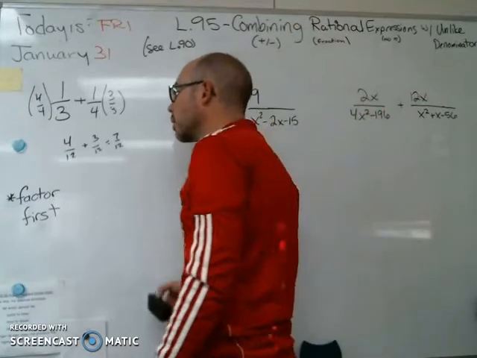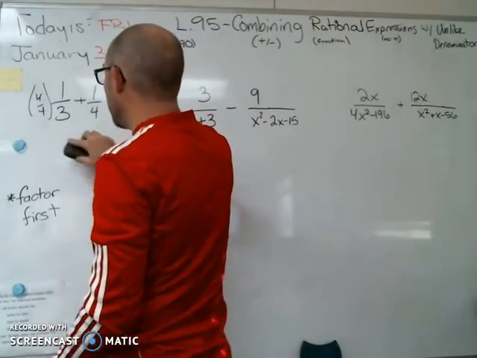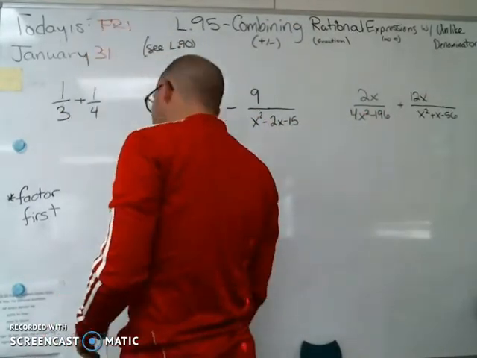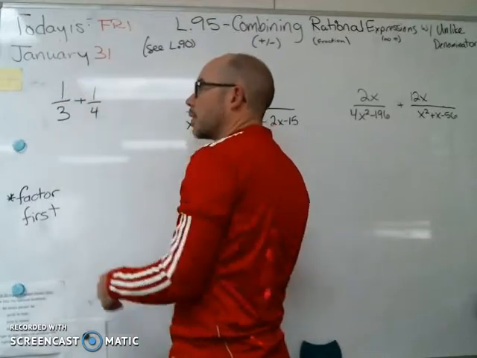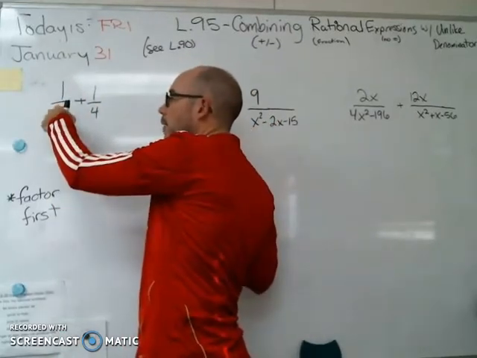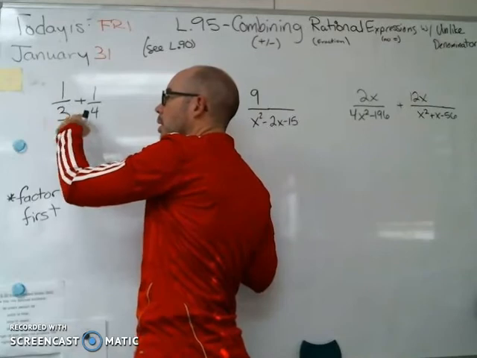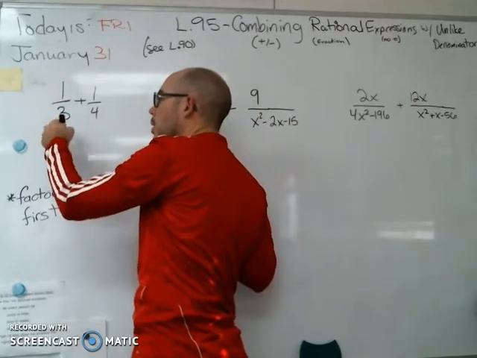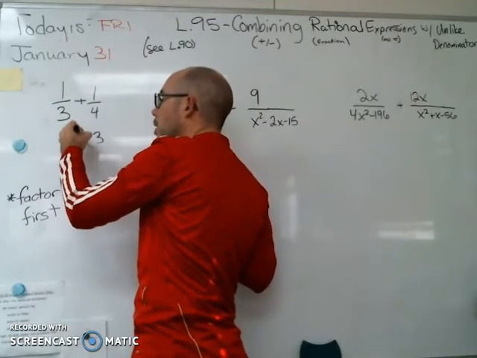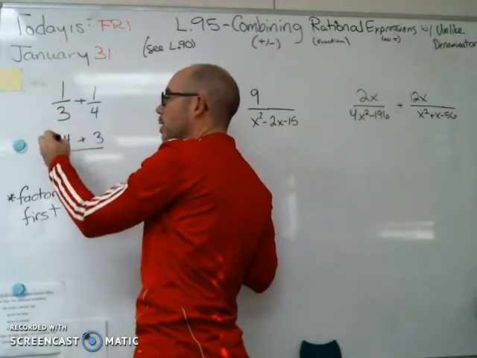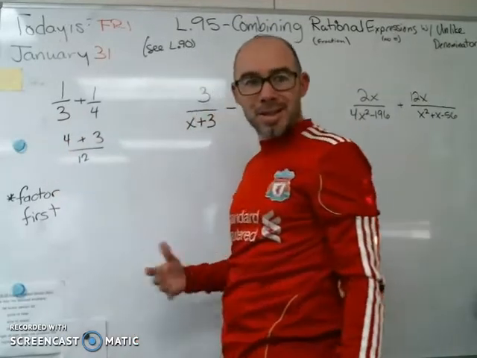It's pretty standard as far as that goes, but know that the shortcut for these things is if you want to know how the tops should look, you do this little crisscross thing here. Like a 4 goes here and a 3 goes there, and you multiply these two numbers together, and it's kind of the same thing.